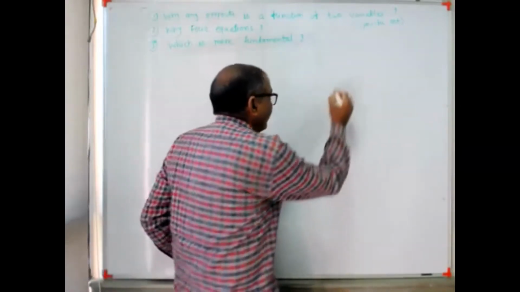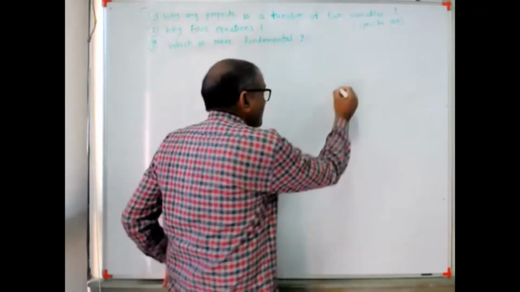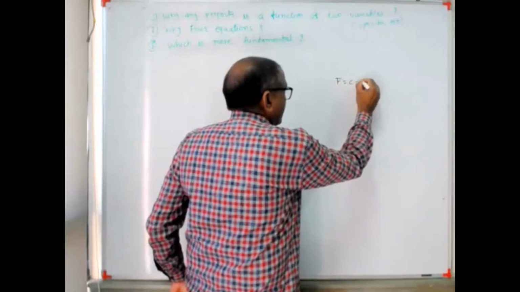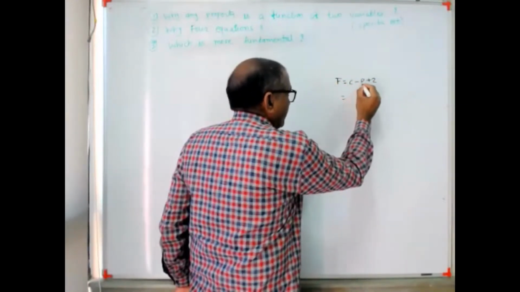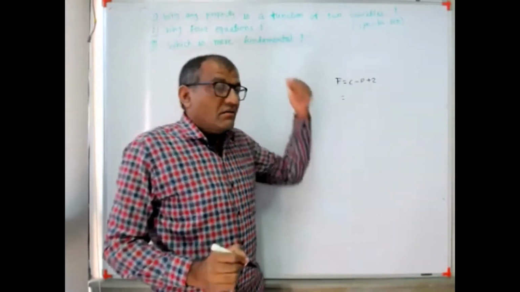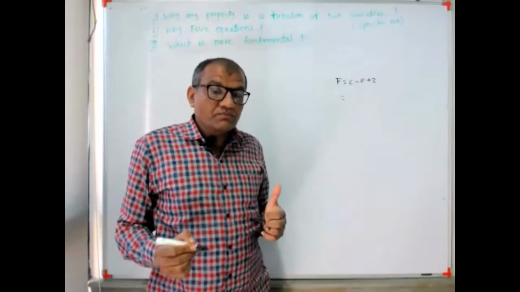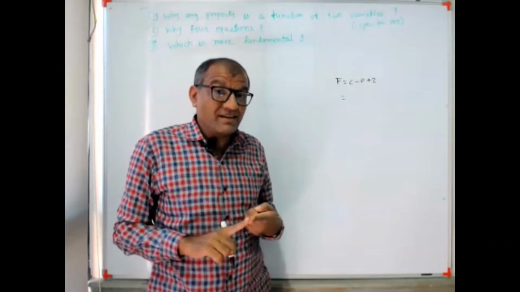If you remember the equation for degrees of freedom, that is the Phase rule, C minus P plus 2. C is the number of components and P indicates the number of phases. Whatever we are going to do is for a pure system, single component, single phase.